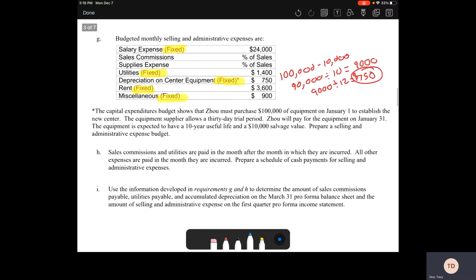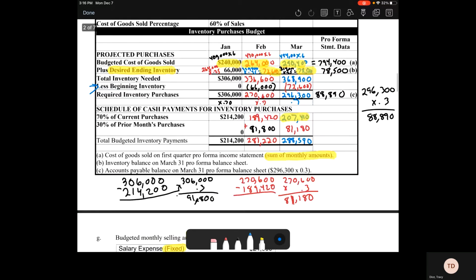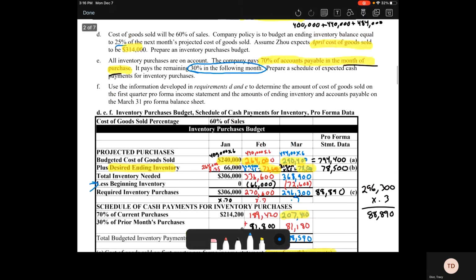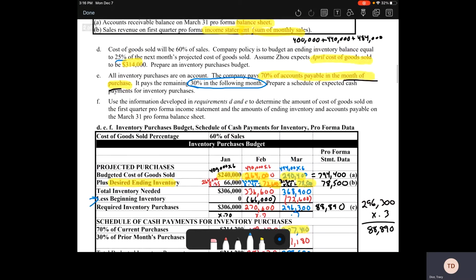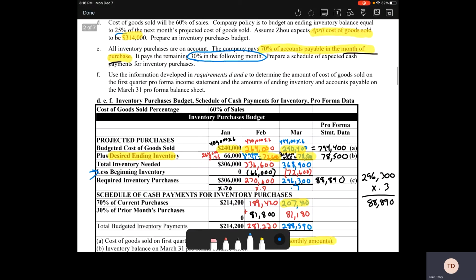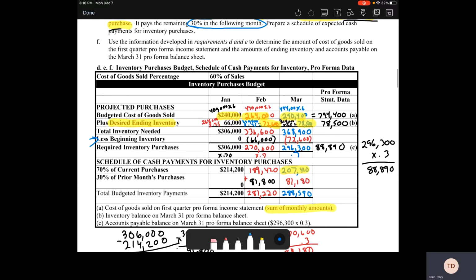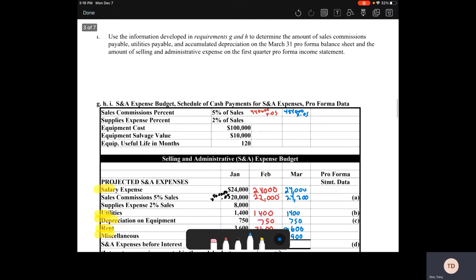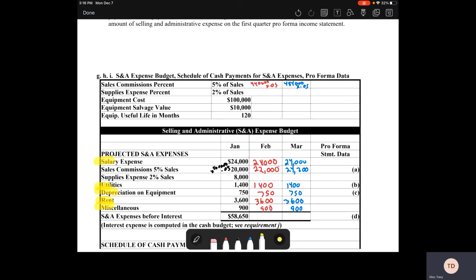Well, if we look back up here, it looks like supplies are coming from our purchases, right? So we've got to look and say, okay, how are we figuring this out? Oh, wait, never mind. It tells us supplies expense is 2% of your sales. So take those same numbers times a different percent.